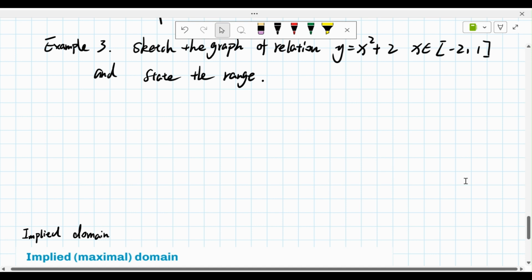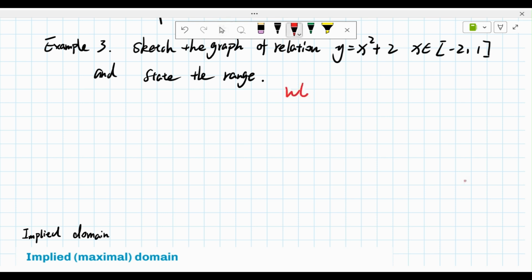And sketching the graph of the relation, which is x squared plus 2. Sometimes they actually set up in between. So when x equal to negative 2, y equal to 6, x equal to 1, y equal to 3. If you say the range is from 3 to 6, you might be wrong because that's a quadratic.